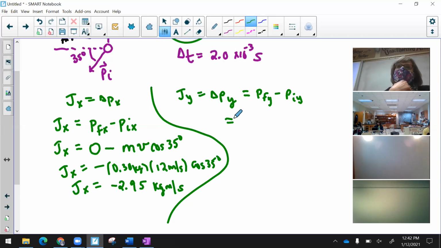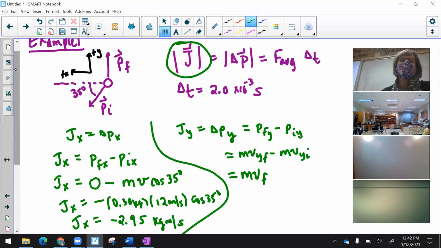What's the formula for it? Okay, so it's going to be m vy final minus m vy initial. Now, all of my velocity is in the y direction for the final part, right? So I don't have to worry about breaking it into components. It all just points up.